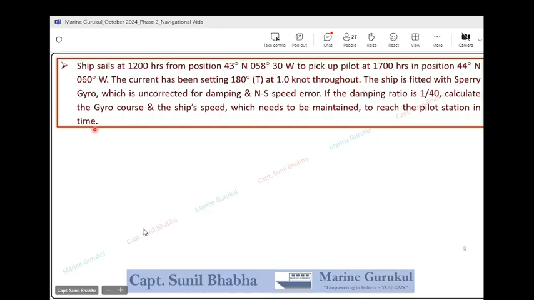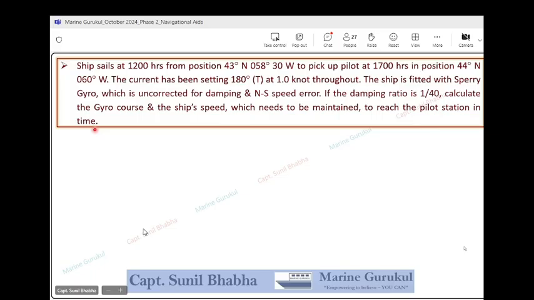Now this question looks slightly different from the ones which we have done till now. The questions which we have done were basically revolving around the compass errors, damping error and steaming error. But this question involves fundamentals or principles of chart work.